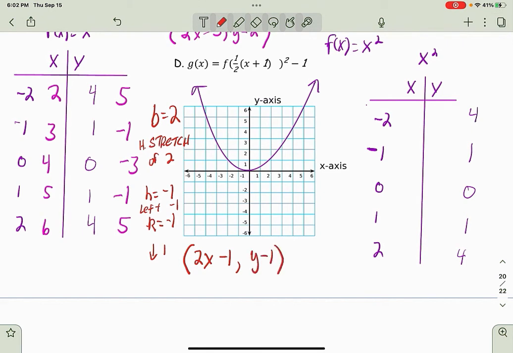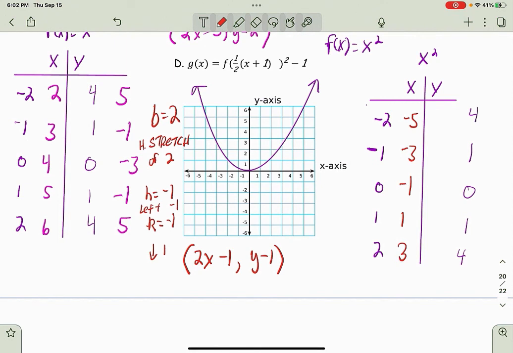Now we plug in our values, and I get 2 times -2 is -4 minus 1 is -5. 2 times -1 is -2 minus 1 is -3. 0 times 2 is 0 minus 1 is -1. 2 times 1 is 2 minus 1 is 1. And 2 times 2 is 4 minus 1 is 3.